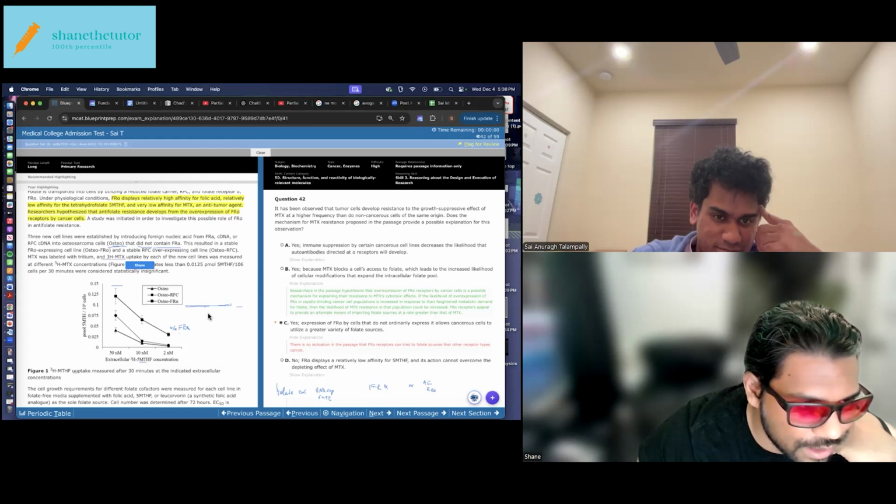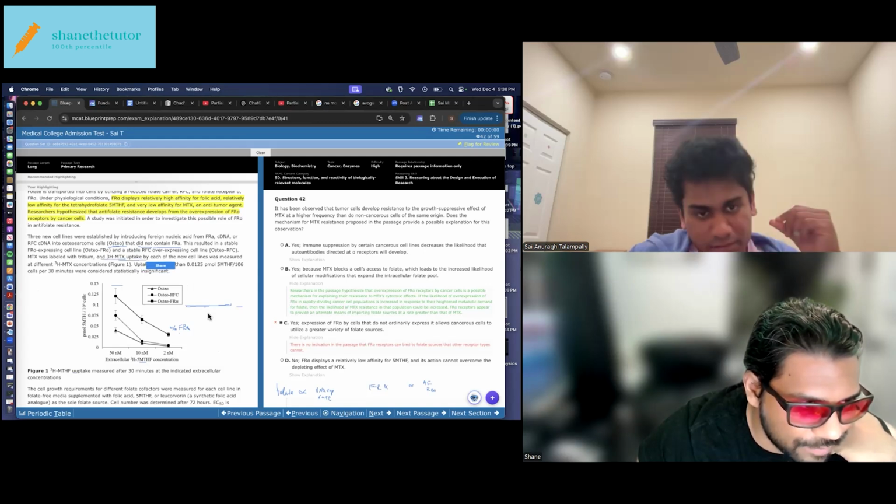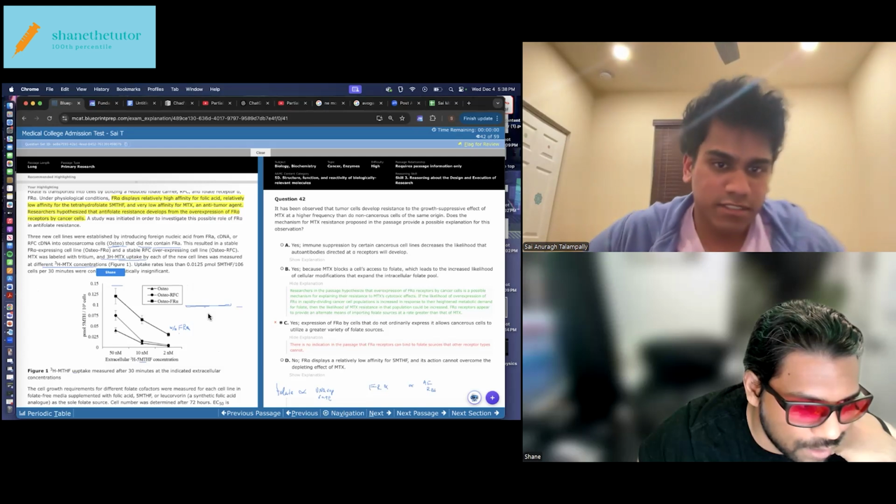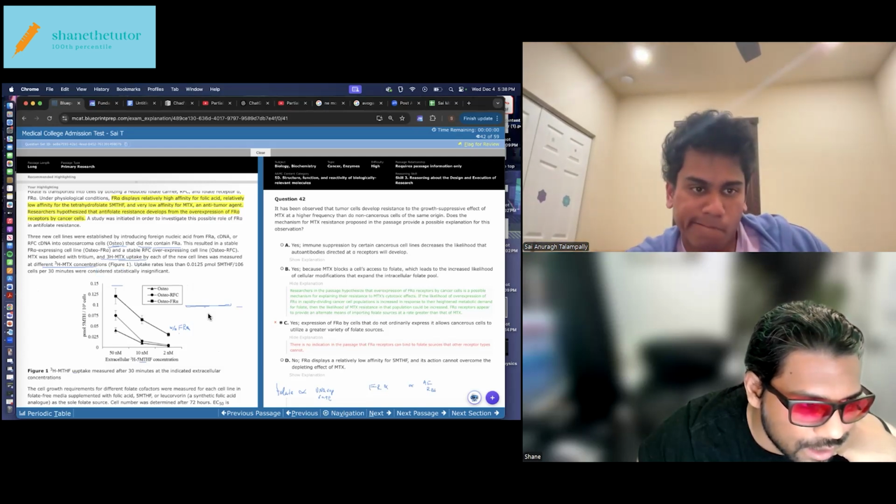They're saying this uptake was measured at different MTX concentrations, figure one, but we have only THF concentrations here.